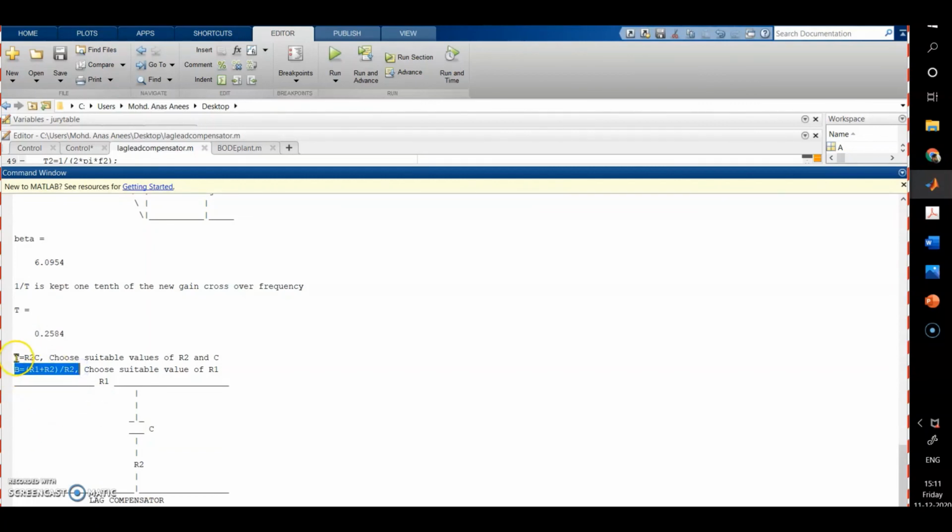So this is beta, this is T. You can design your compensator by choosing values of R1, R2 and C, so that this expression is correct. Here we complete the design of the lag compensator. We just find out R1, R2 and C, so that we get the beta and T like this.